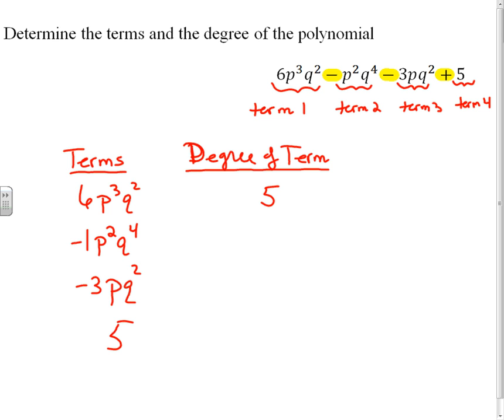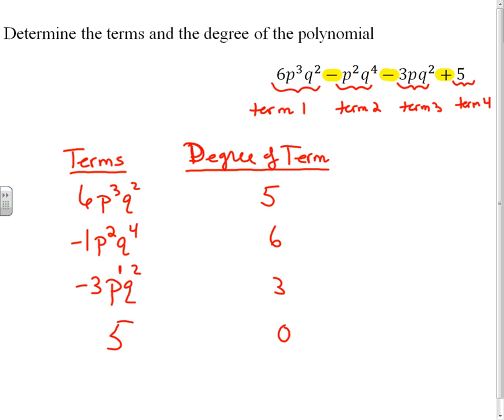And the next one, the degree is 6. 2 plus 4 is 6. And the next one, there's a p to the first power there. So the degree is 3. And in the last one, the degree is 0, because there are no exponents at all.